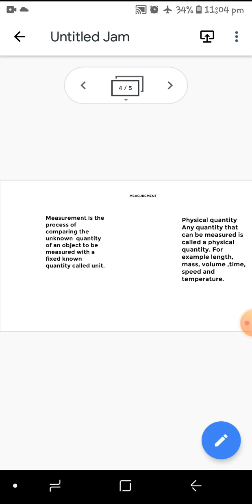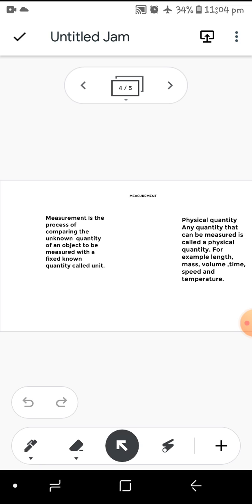Like at what time we should get up, how much time we should take to get ready, and how much time we take to come to school, what amount we have to cook, everything is measured. What is the temperature of our body, what is the temperature of the surroundings, everything is to be measured.